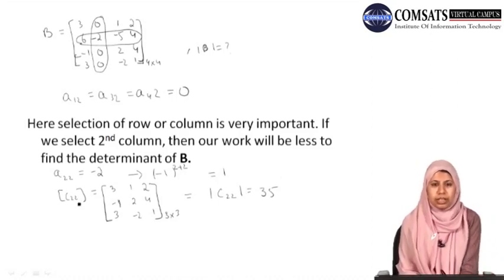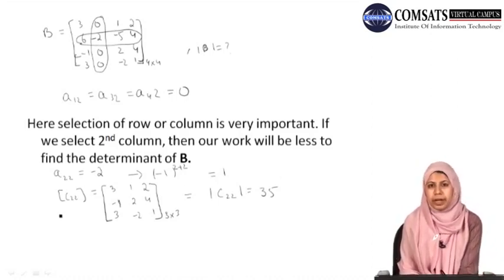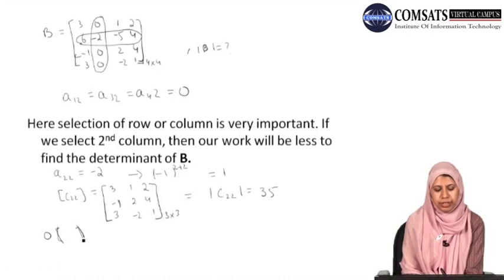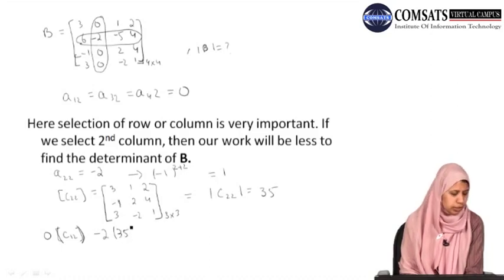Okay, now the last step is to multiply the entries with their respective cofactors. That is, the entry A12 will be multiplied with its cofactor. Let's say this is the cofactor of C12 minus the entry A22 multiplied by its cofactor, which is 35.